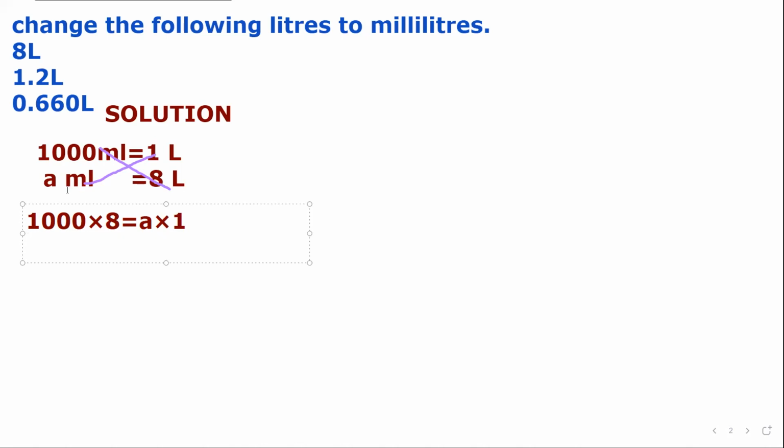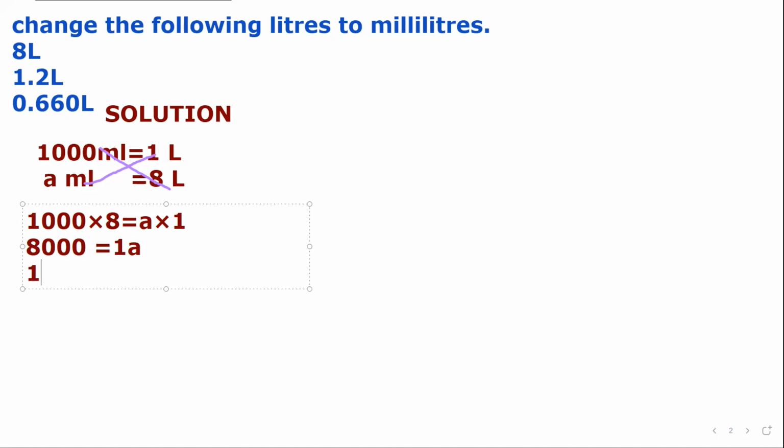Now, when you multiply the 1,000 by 8, you get 8,000, which is equal to 1A. Now to find the A, divide both sides by the number attached to the A, and that is 1.